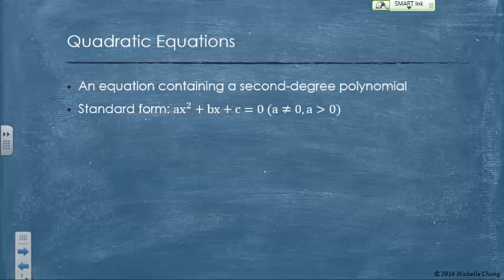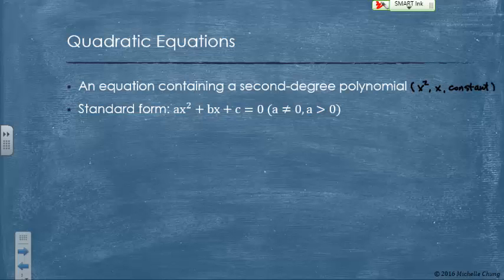First, let's think about quadratic equations. A quadratic equation means an equation containing a second degree polynomial, which means you will see x squared, x, and a constant in the equation.